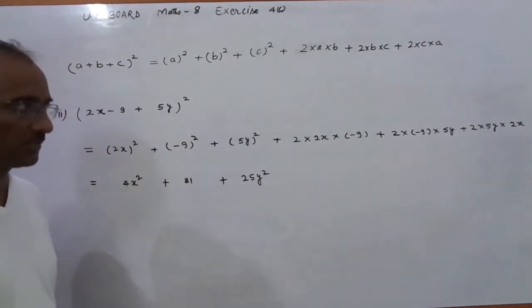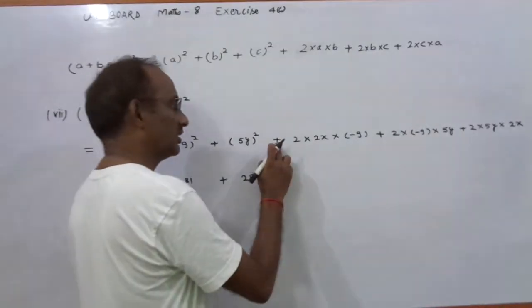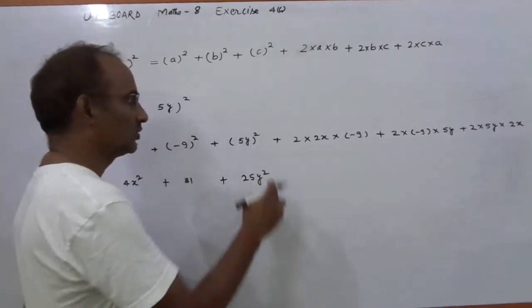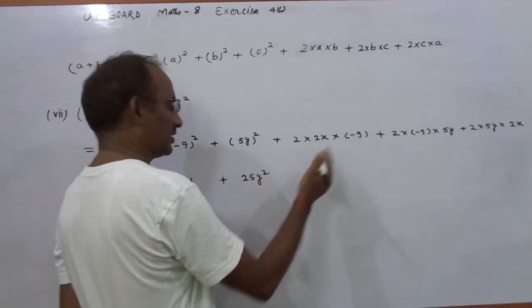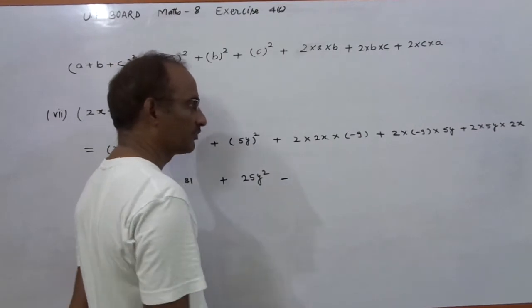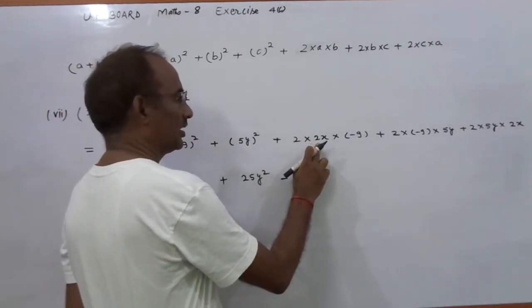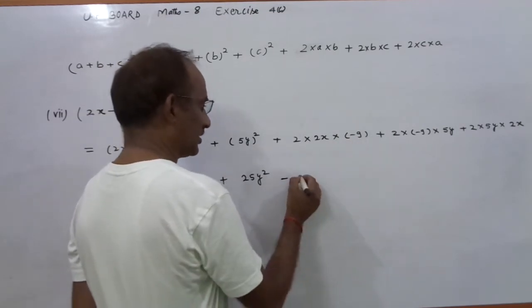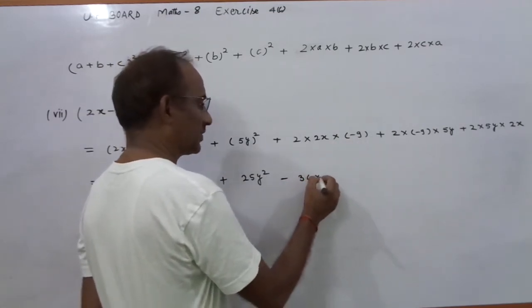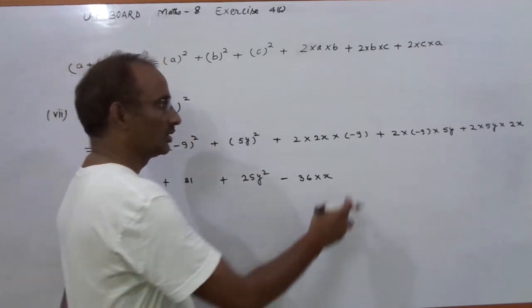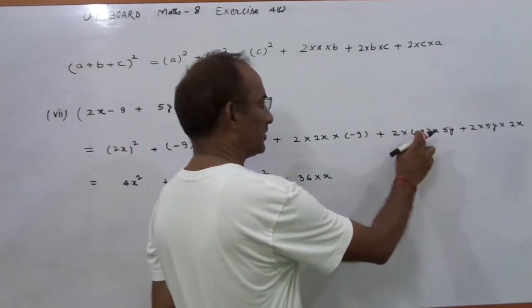In the next step we have plus sign here and the minus sign is here. So when plus is multiplied with minus we get minus, and 2 2 ja 4 and 4 9 ja 36. So 36 multiplied with x. Here we have plus sign and here we have minus sign.